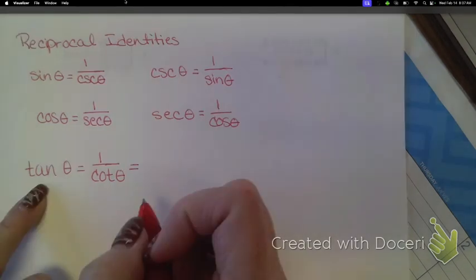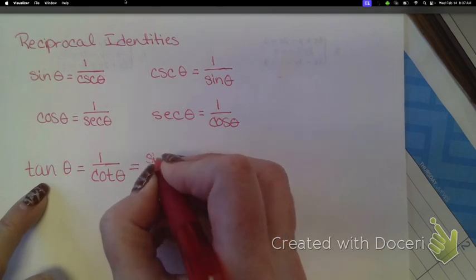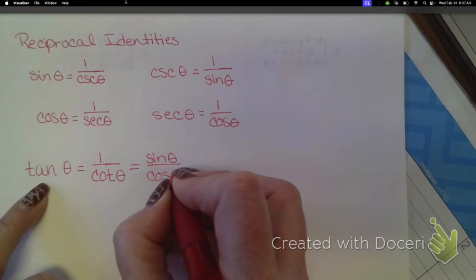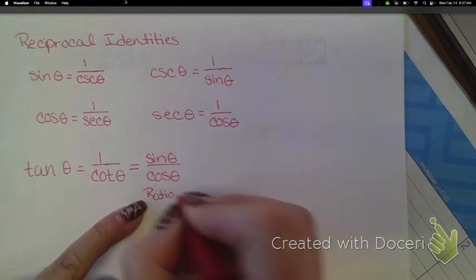Tangent is also equal to sine over cosine. This is a ratio identity.